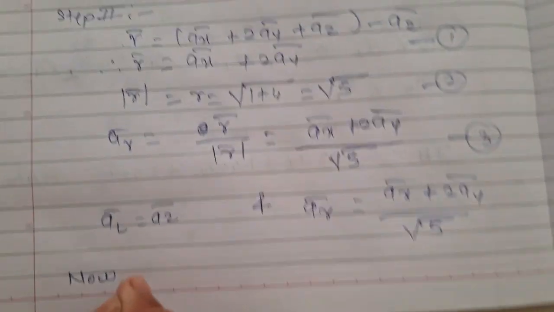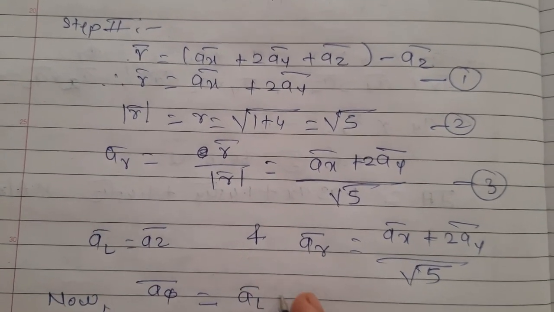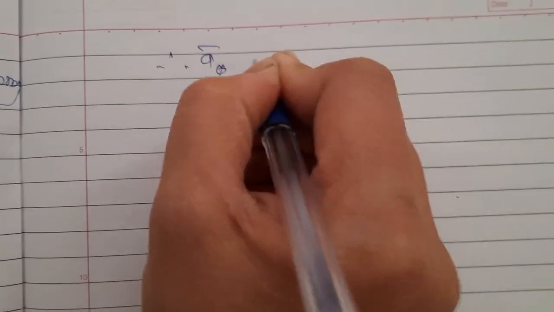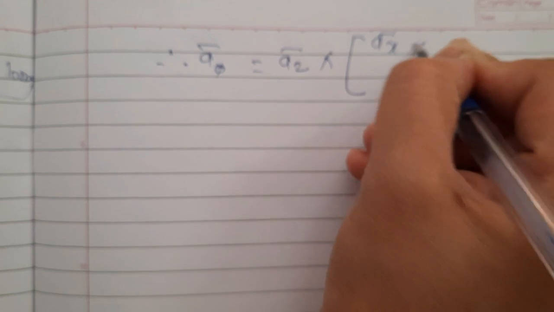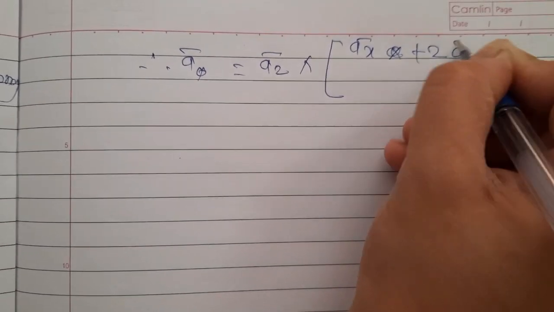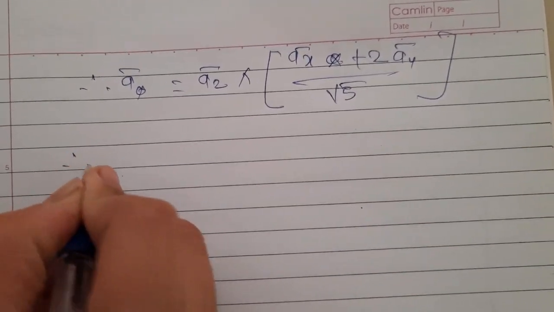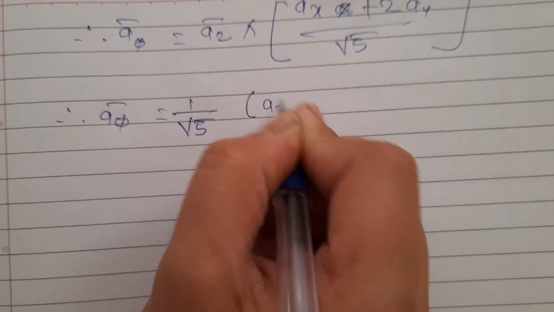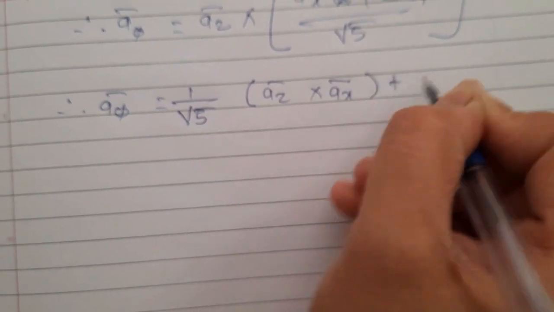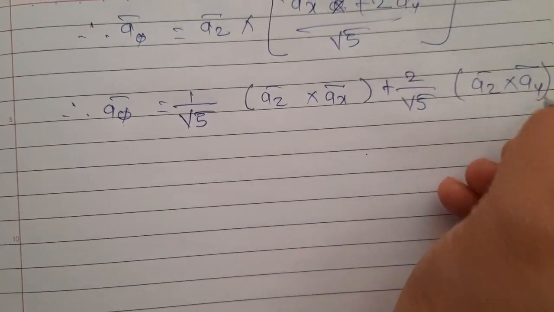Now aphi bar is equal to aL bar cross aR bar. So we substitute these values. aphi bar is equal to az bar cross (ax bar plus 2 ay bar) divided by square root of 5. Now we know that for the cross product we have to replace the values. So aphi bar is equal to 1 by square root of 5 az bar cross ax bar plus 2 by square root of 5 az bar cross ay bar.